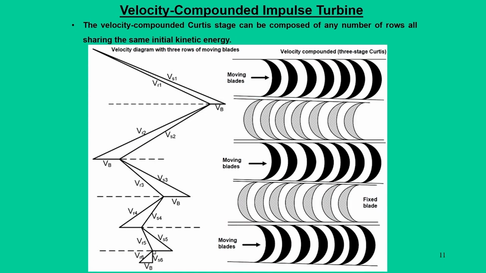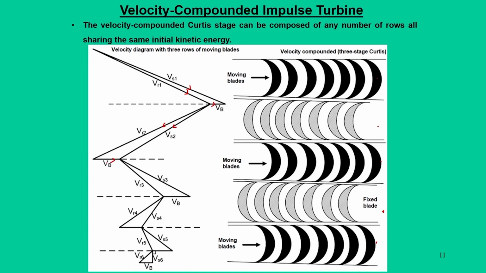Now, in the same philosophy we can extend it for any number of rows. Like there we have only two sets of moving blades and one set of stationary blades. Now, we are coming here to three sets of moving blades and two sets of fixed blades. So, in the same way we start with Vs1, Vr1 which enters and which leaves as Vr2 and Vs2, and this gives a blade velocity Vb.